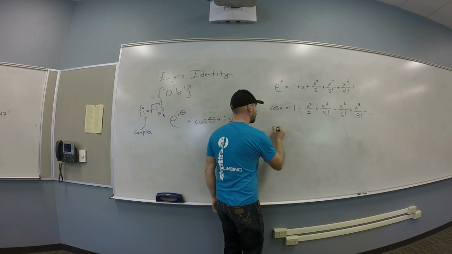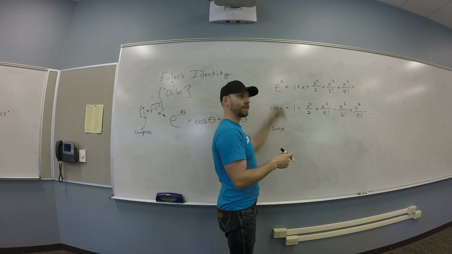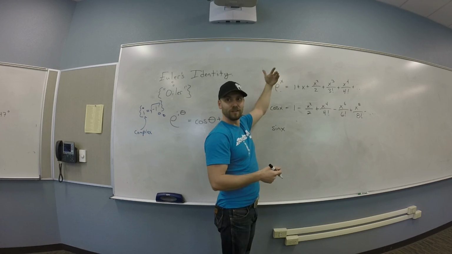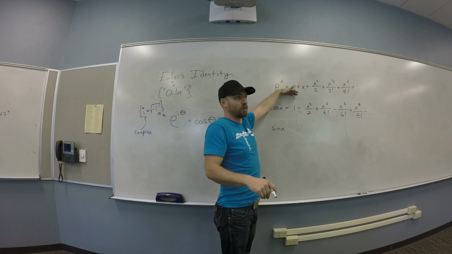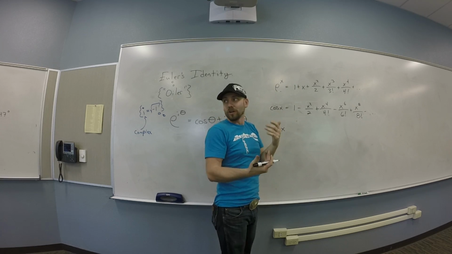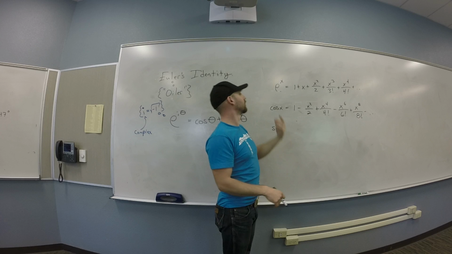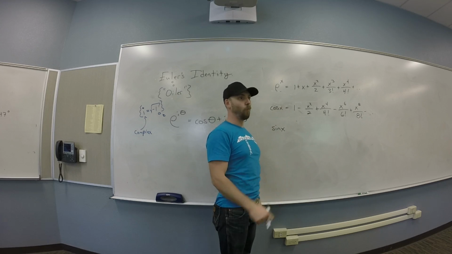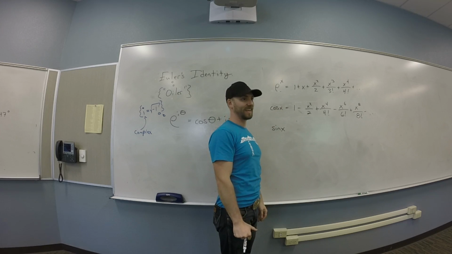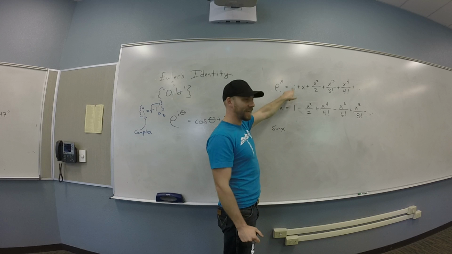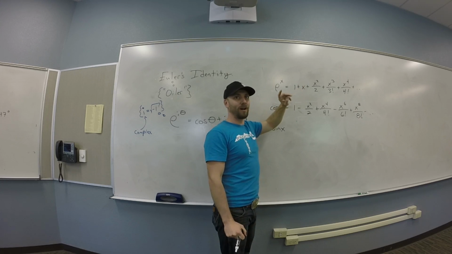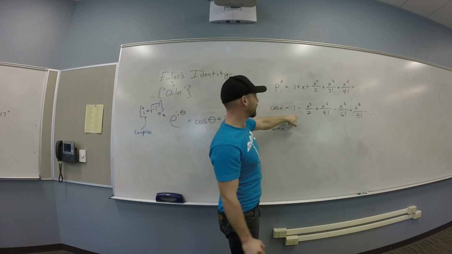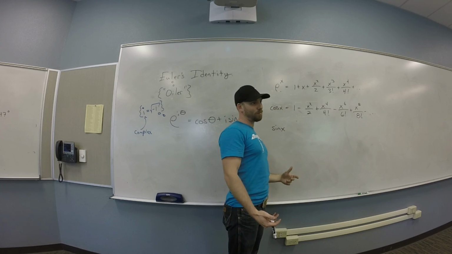You discover this first because e to the x is your favorite function in calculus land. So you did this one first, and then you were like, but what about trig functions? Those will also be easy. So you did cosine and you got this, and you're like, wait a second, this looks like it matches that, kind of. If I'm missing the odd parts, where do the odd parts probably come from?